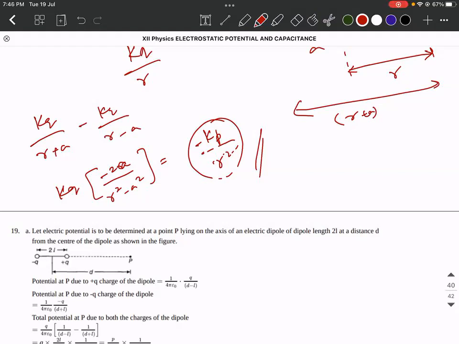Any other doubt, any other theory? Moving charges and magnetism is 4th, magnetism is not required, 5th chapter, electromagnetic induction is 6, alternating current is 7. Apart from this, any other doubt in this chapter? Is it clear?